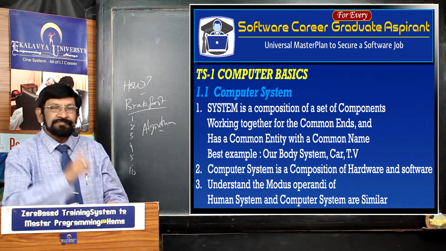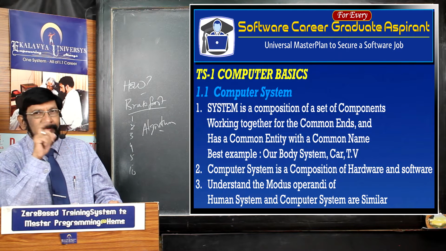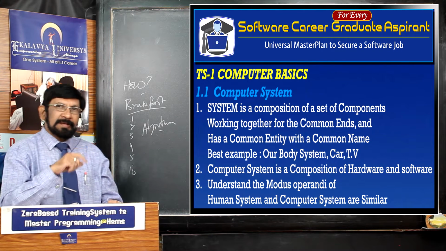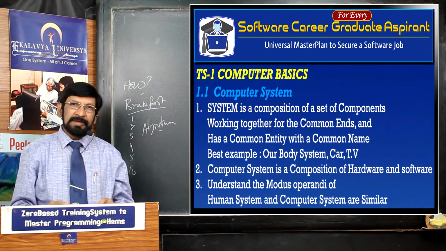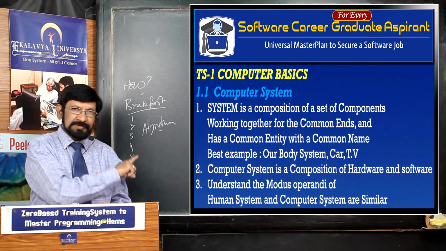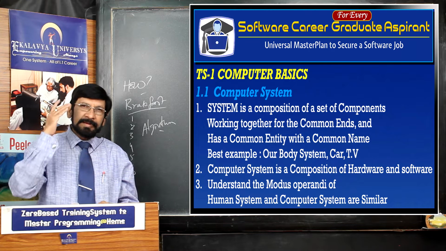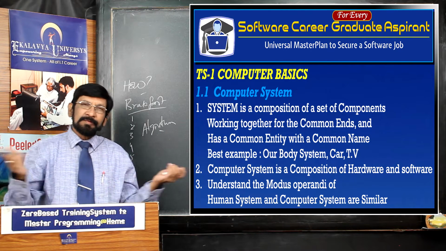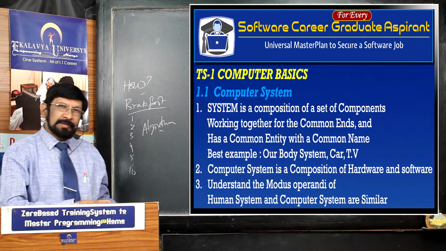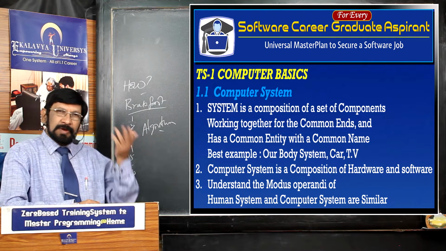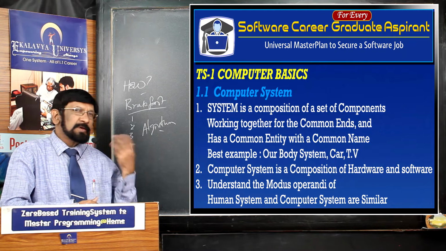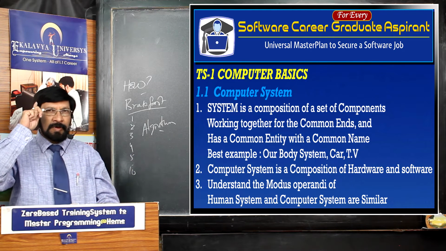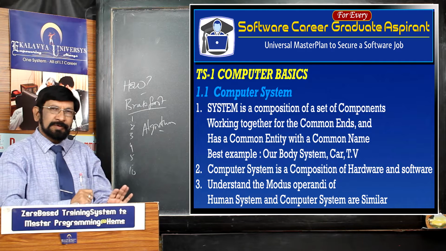Who develops it? Your brain develops it. After developing the algorithm, this is the first job. Thereafter, it gives instruction to your limbs and organs. What are your limbs? Your hands, your legs, your eyes, your ears, your mouth, etc. So your brain gives instruction to your organs.